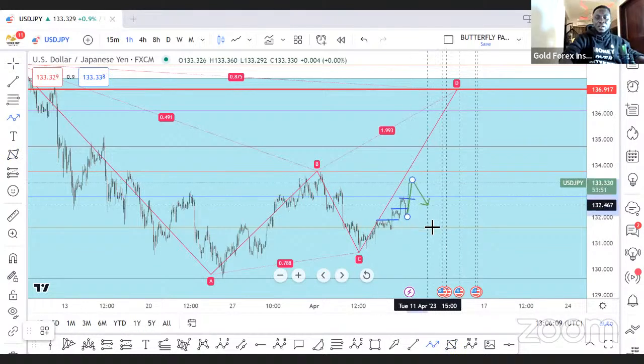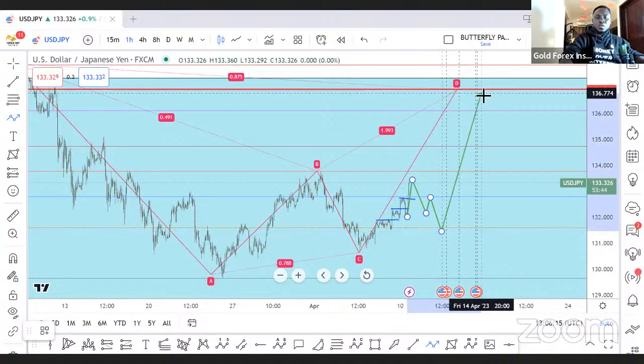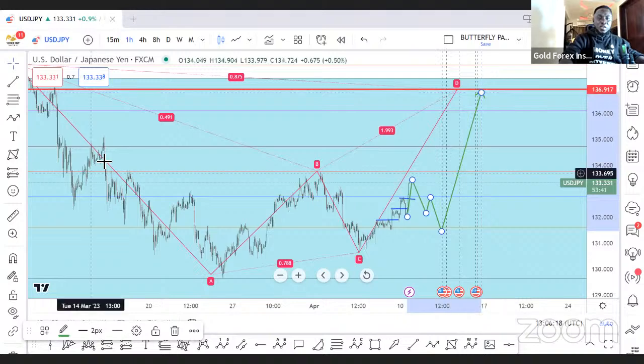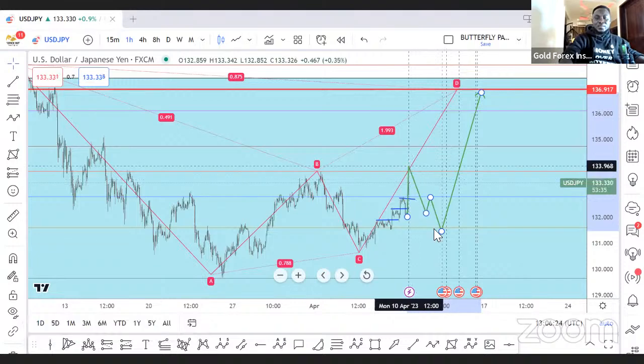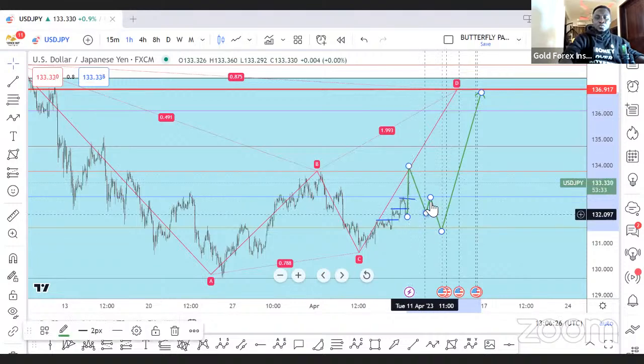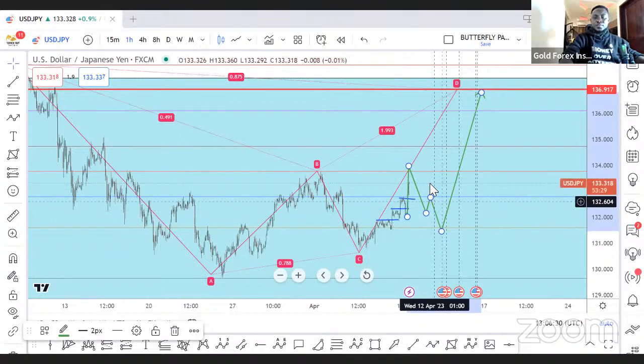So you can have a swing structure. Before, the way you have this one, these are internal structures. These are swing structures. So you can have a swing structure along the line to be a full correction of this impulsive move. Yeah.